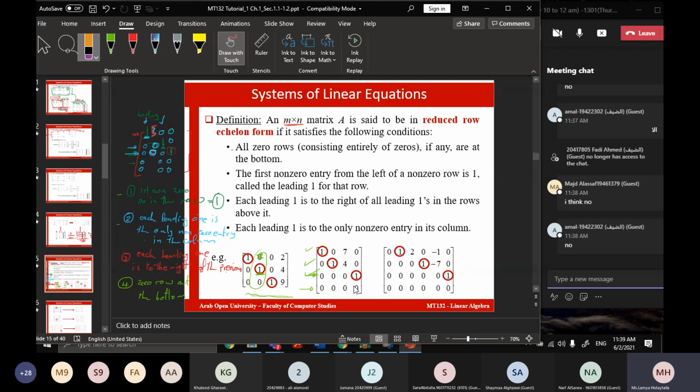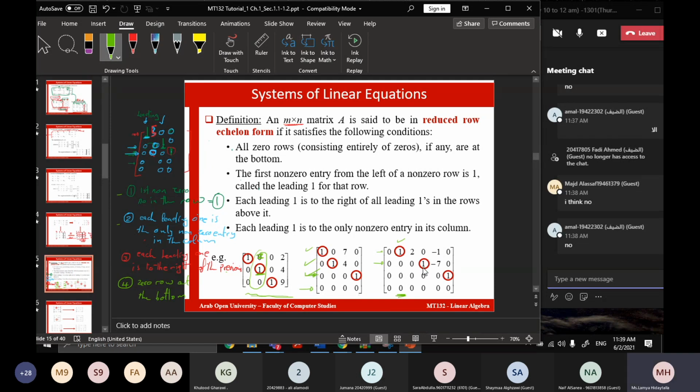Now, let's test the last one. The first non-zero entry is 1. Right? In its column, it is the only non-zero entry. Okay, so I'm done with the first. Now we come to the second.